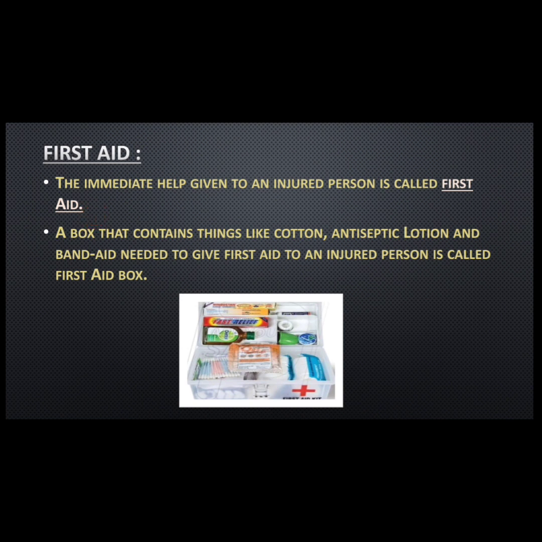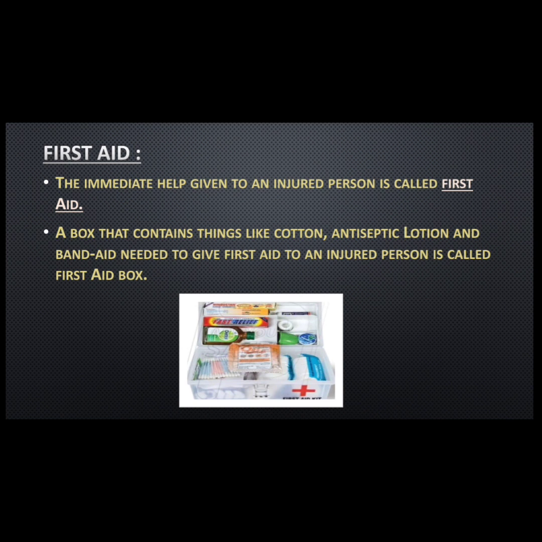Whenever a person gets hurt, if the injury is serious, we should call a doctor, and we should not crowd around that injured person. For small cuts or wounds, we can use a first aid box.